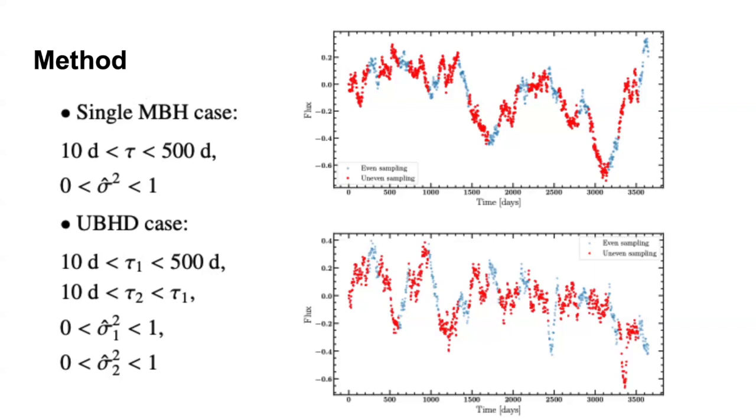An alternative way is to stick with the time domain light curve and use, for example, Gaussian processes to describe the observed stochastic signal.